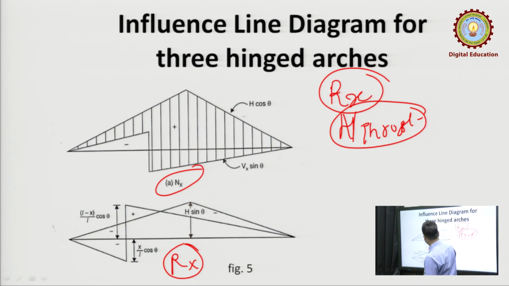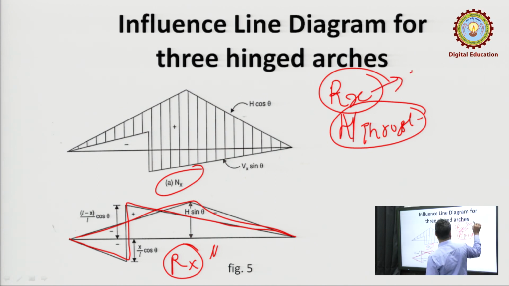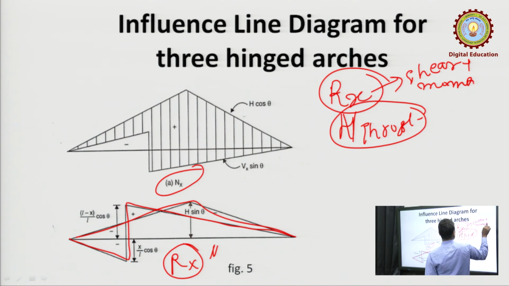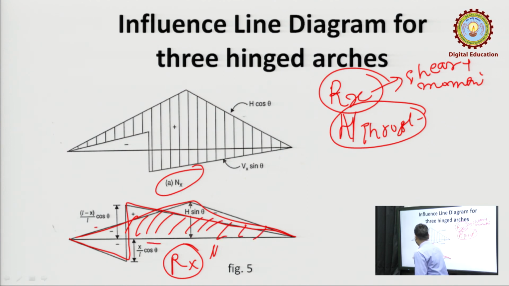As you can see here, for radial shear there are two types of diagram, one for moment and one for shear. You can say this is the combination of your shear plus moment, and this will be your overlapped area. And for normal thrust, the influence line will become like that.